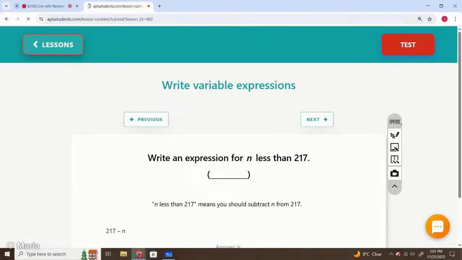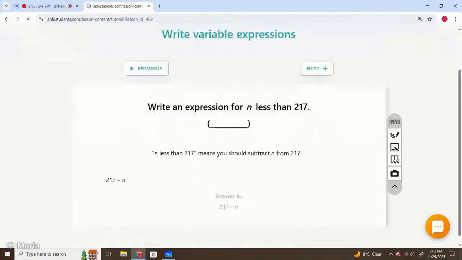Write an expression for n less than 217. So n less than 217 is written in sentence form, right? We need to write it down in the mathematical form, using numbers and mathematical operators.